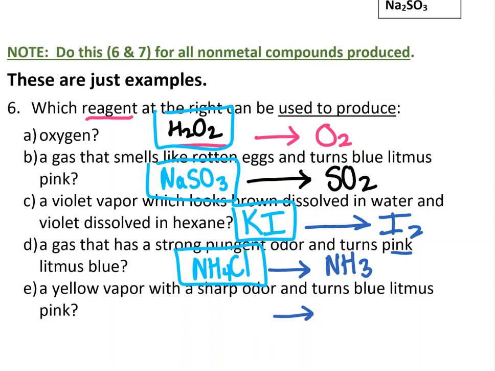Okay, this one has a yellow vapor. And the one that was yellow was this combination. But if that wasn't enough for you, it also turns blue litmus pink, which says it's one of the acidic ones. So that would help as well. And so that was this one, potassium nitrite.